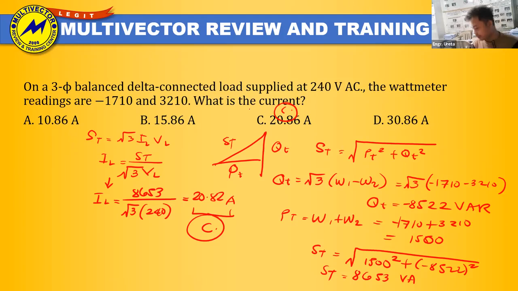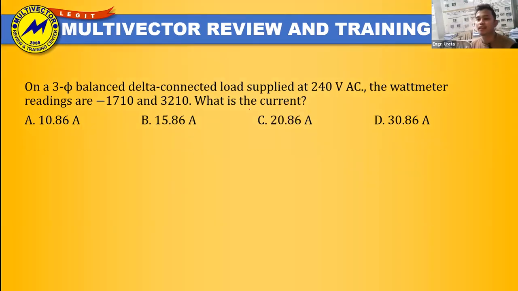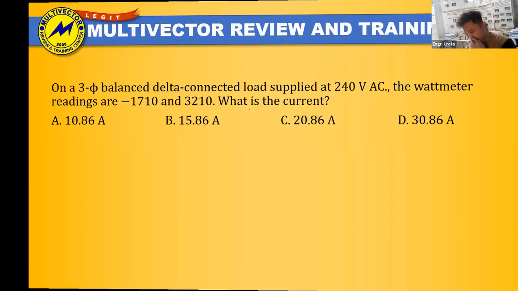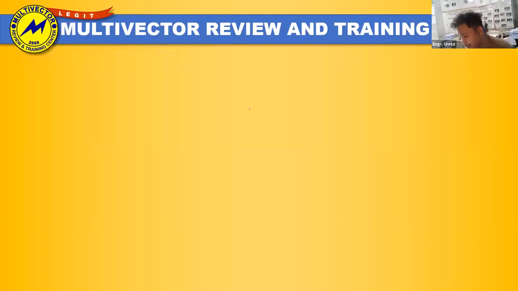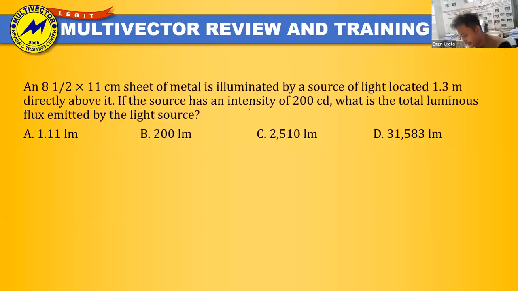Okay, next problem is problem number 92. An 8 by 11 sheet of metal is illuminated by a source 1.3 meter directly above.